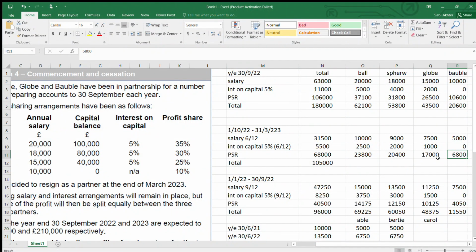Now, from 1st of April 23 to the year end, 30th September 23. How many months? 6 months.